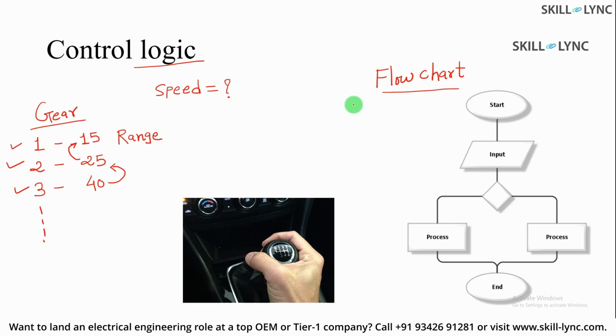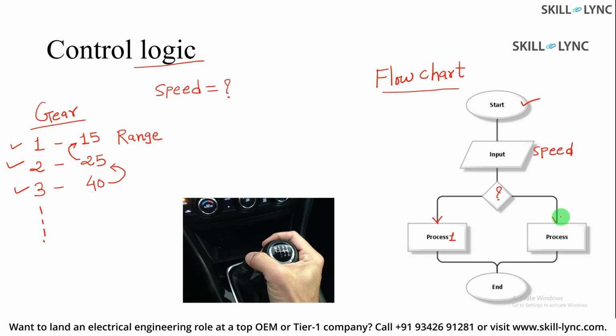So shifting a gear is another example of a control logic, where you start your car and let's say the engine is running. Now you have an input which is nothing but the speed. Based on the value of the speed, here is a condition check block: is the value of the speed between 10 and 15, then you are going to follow process 1, or let's say gear 1.